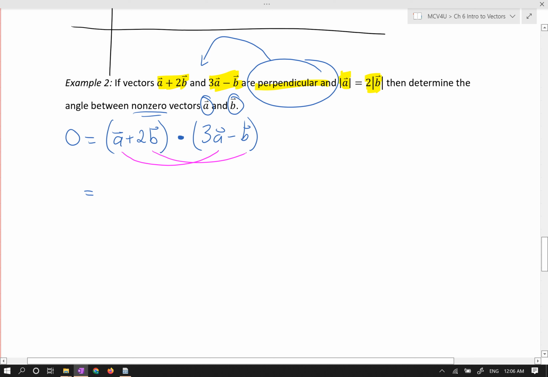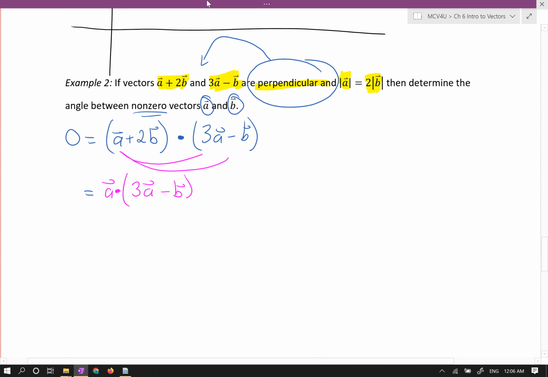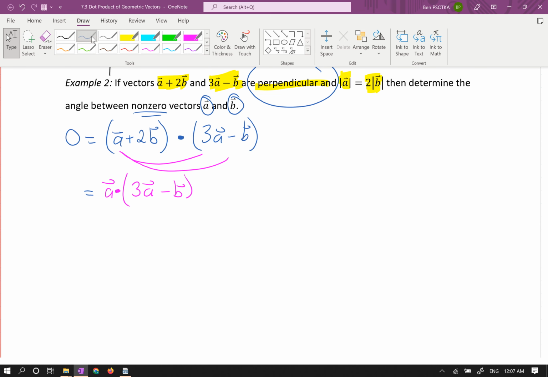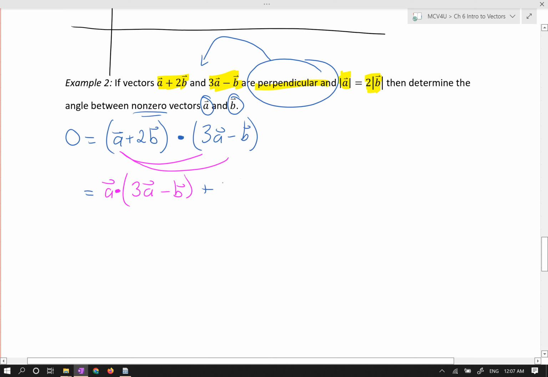So if we're working here, we'll break it fully down, and that means we're working with vector a dot product with 3a minus b plus vector 2b dot product with 3a minus vector b.